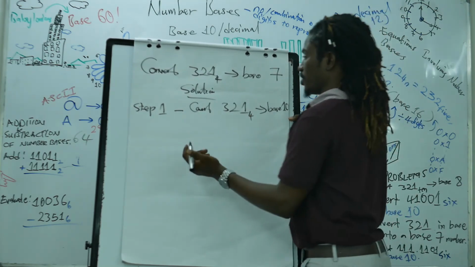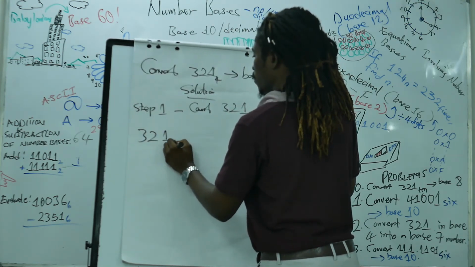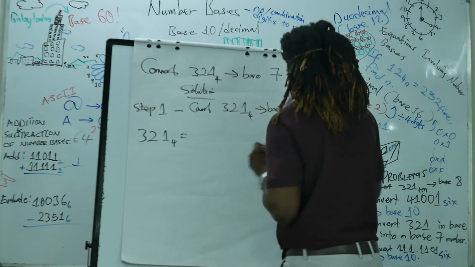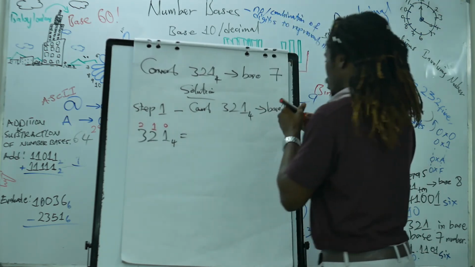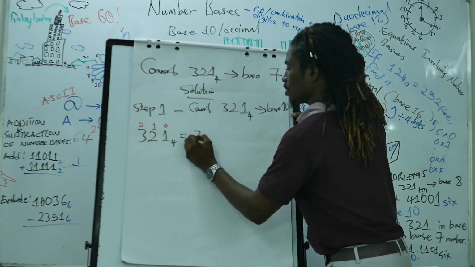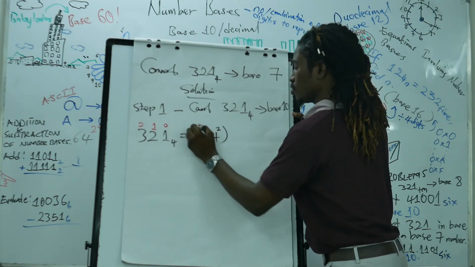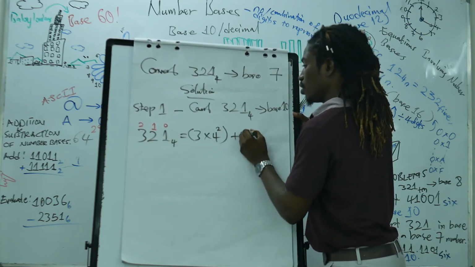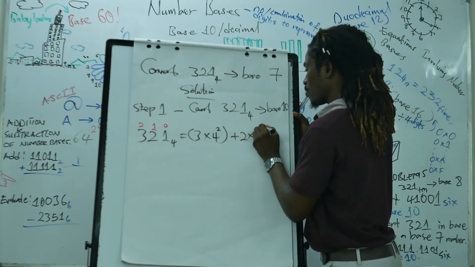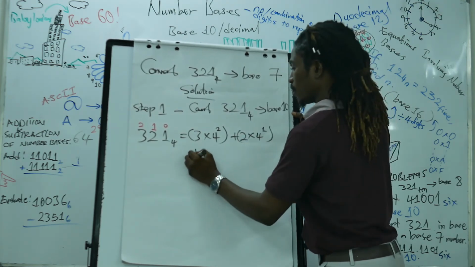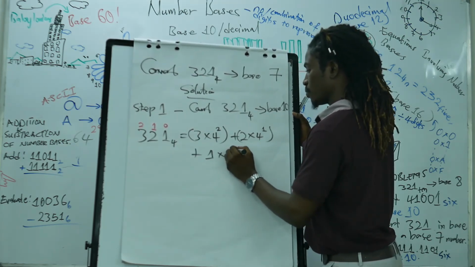How do we do that? You already know. 321 in base 4 is equal to, we label our powers 0, 1, 2. It's going to be equal to 3 multiplied by 4 raised to the power 2, plus 2 multiplied by our base 4 raised to the power 1, plus 1 multiplied by our base 4 raised to the power 0.